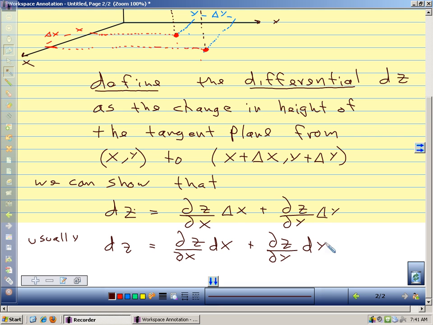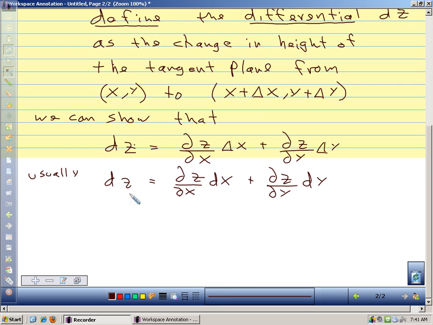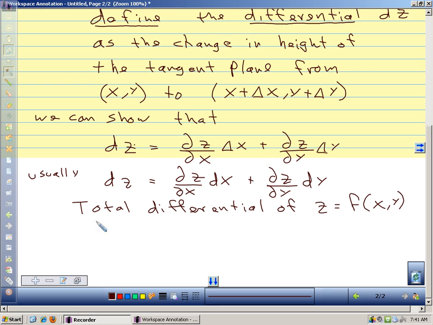And this expression is what we call the total differential of our function. So when you see that phrase total differential, it's referring to this.